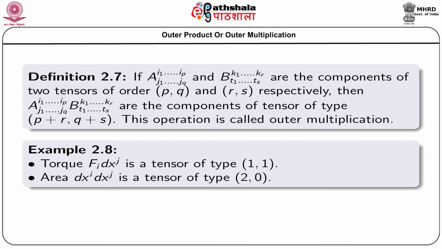Area, if I denote it as dx i and dx j, is a tensor of type 2, 0. So, the outer multiplication means the components are written side by side and the tensor will be of type the sum of their types.